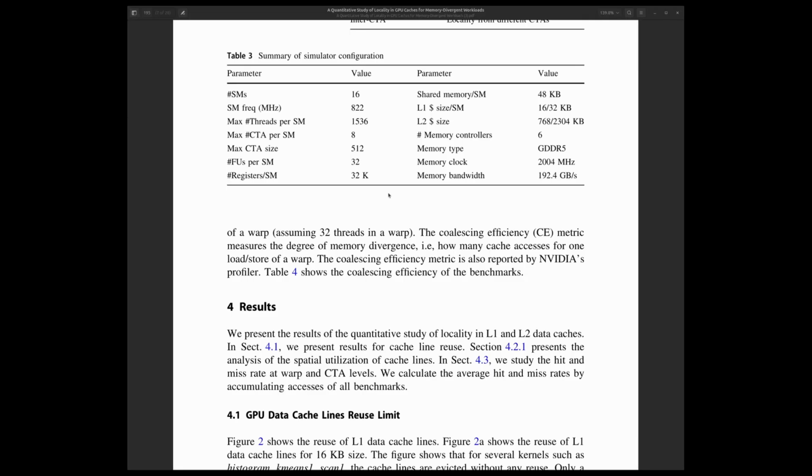What that essentially means is that different threads running in parallel within the same warp have memory requests that are pretty wide apart in terms of memory addresses, so they can't all be coalesced into one single transaction.